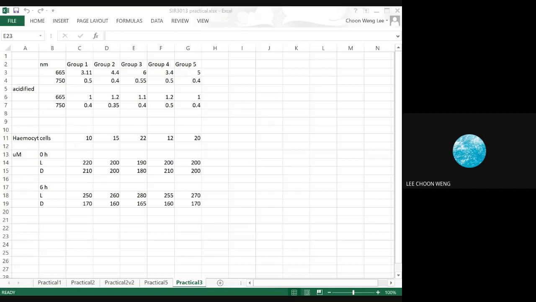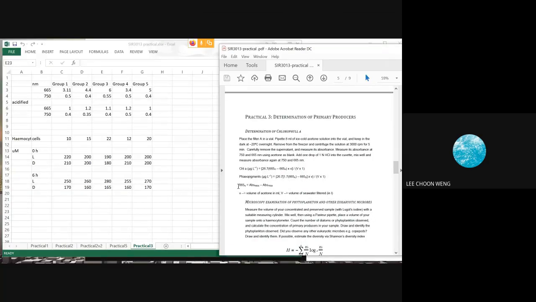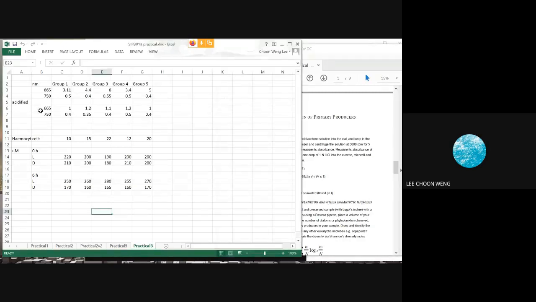So 665O and A. What do O and A mean? O is the original, and A is the acidified. What about 750? How do you use 750? So 665O is absorbance 665O minus absorbance 750, and likewise for 665A. Take these values, for example.